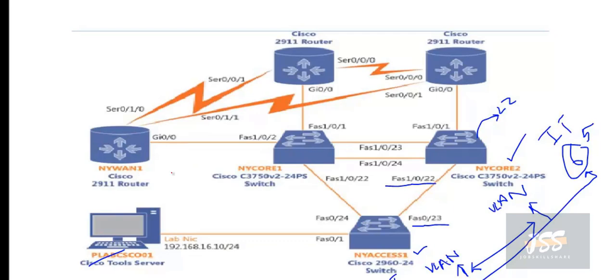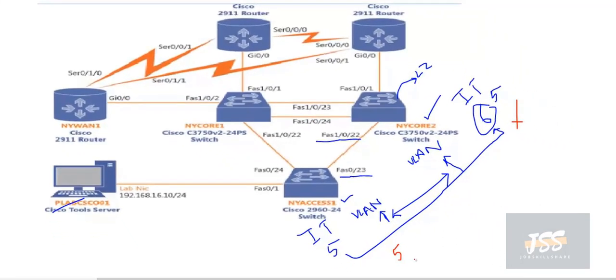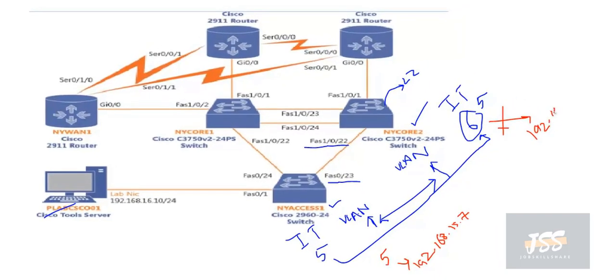So the error was removed by eliminating VLAN 6, because VLAN 5 was having the IP address 192.168.15.7, and this VLAN 6 was having the IP address 192.168.15.8, but due to different VLANs they could not communicate, having the same name IT, but they cannot communicate with different VLANs.